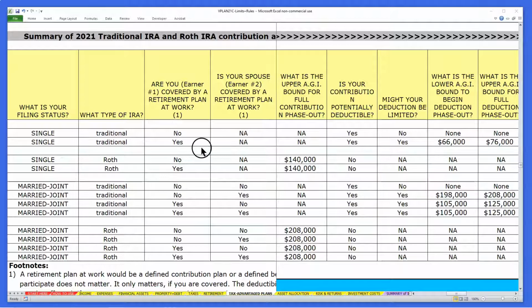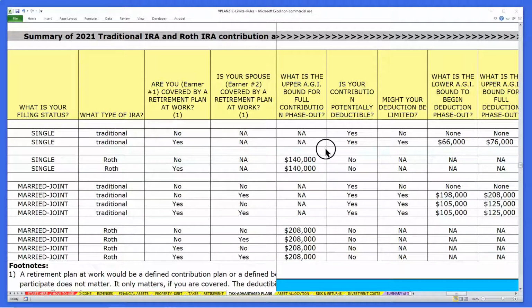So a high earner who's self-employed can set up an individual 401k plan and contribute to that 401k plan out of their relatively high earnings. Let's assume that they made somewhere in the neighborhood of $180,000. They could contribute substantially to that 401k plan.